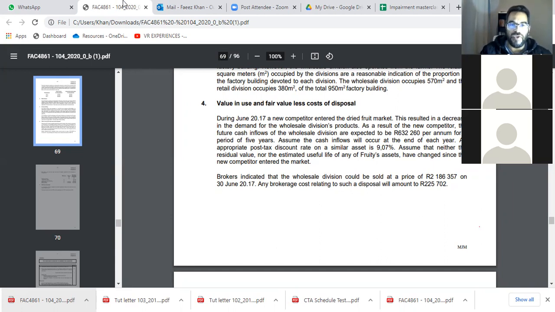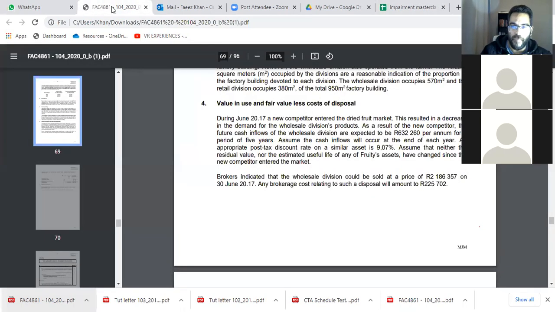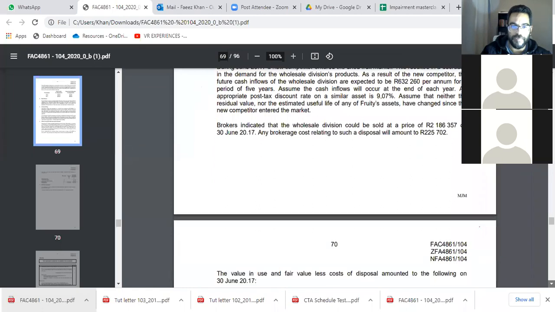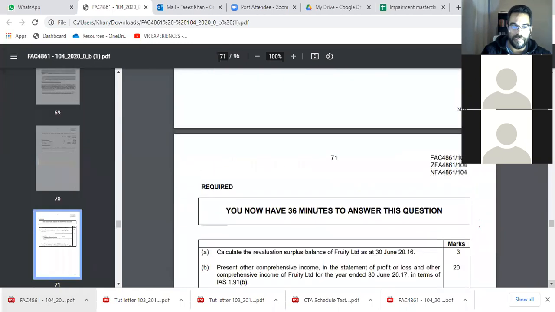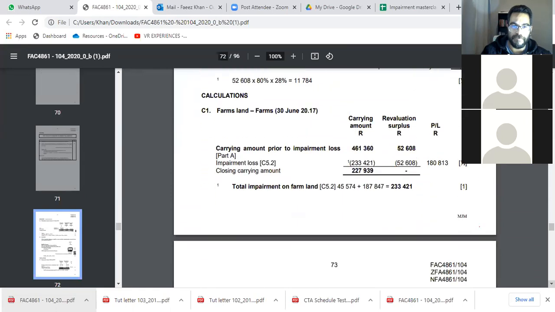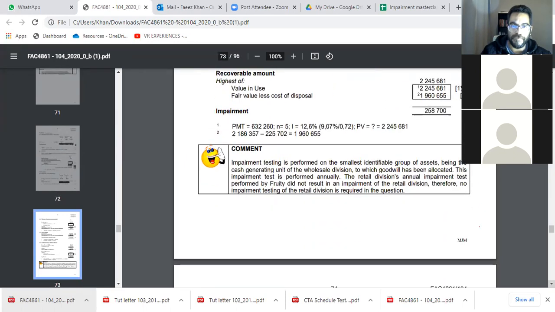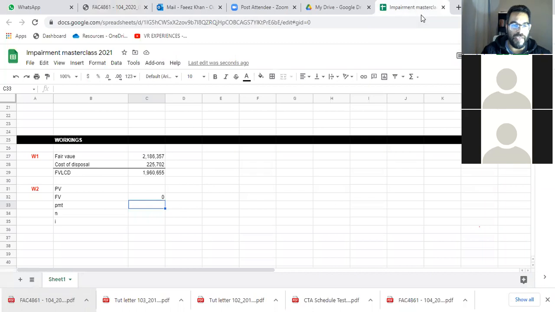So it's a fixed amount for 5 years, 632,260. Therefore, I can plug in all the information. I'll need the future value. There is no lump sum payment at the end, so I can put this as 0.